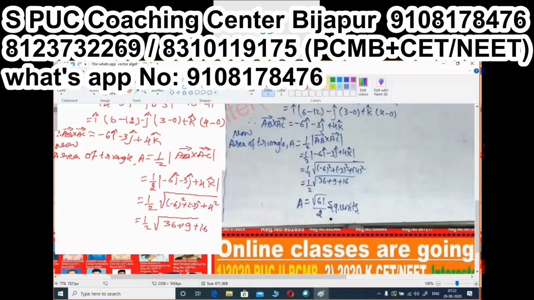If you do the simplification, what you are going to get is root 61 divided by 2 square units. So this is the required area of the triangle.